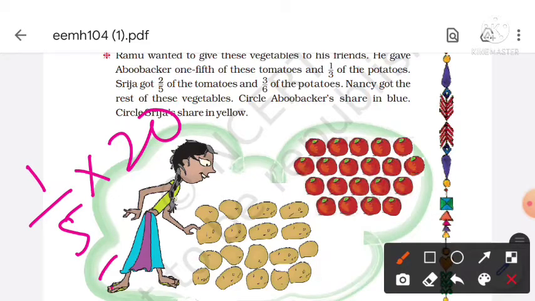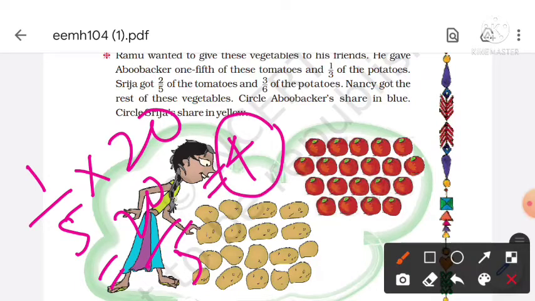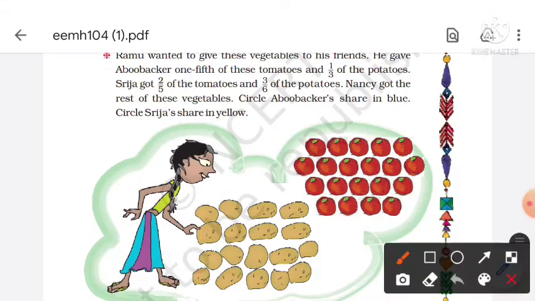So that means 20/5 is equal to 4. That means Abu Bakr got 4 tomatoes, and here it is 1/3 of the potatoes. So he got 1/3 and the total number of potatoes is 18.